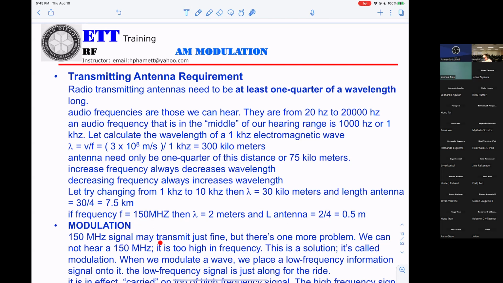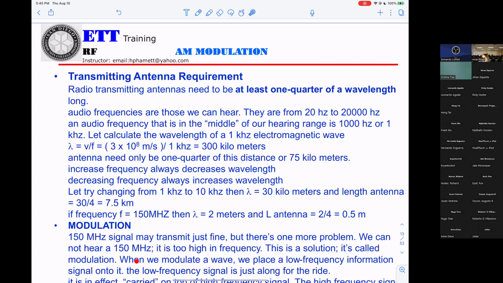Okay, modulation. A 150 megahertz signal may transmit just fine, but there's one more problem. We cannot hear 150 megahertz. That means you get a high frequency signal. It's okay to transmit it, however you could not hear it. It is too high in frequency. The solution is called modulation.